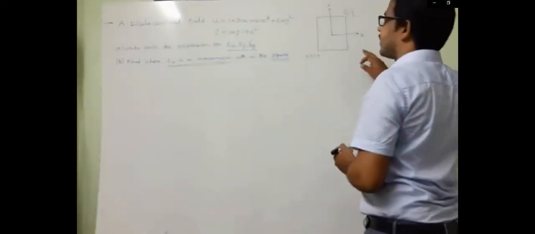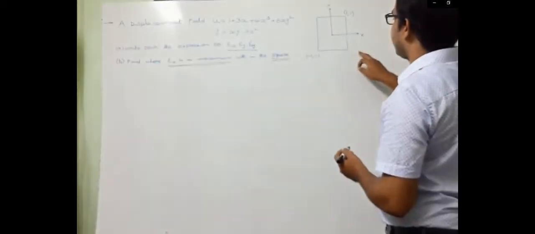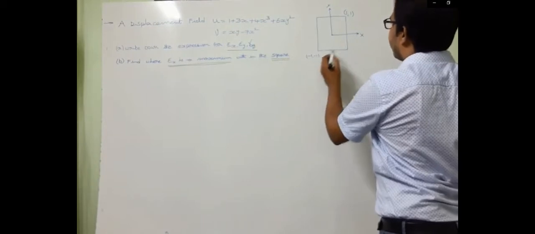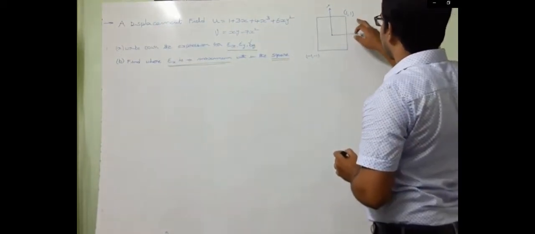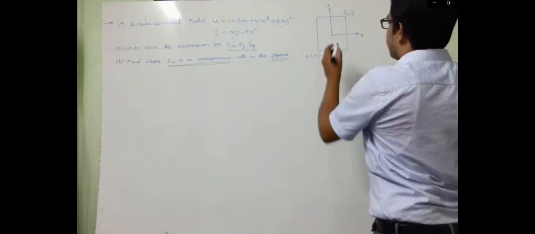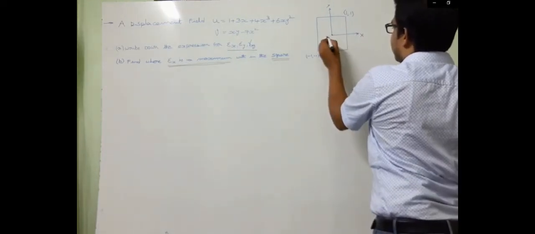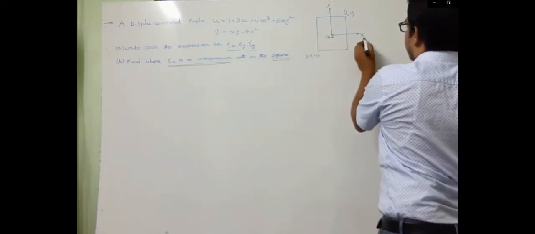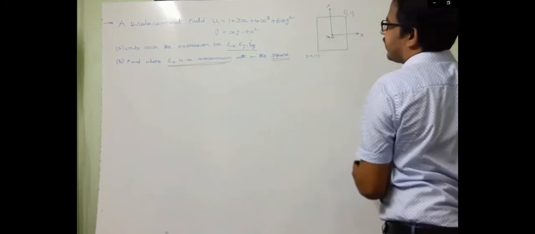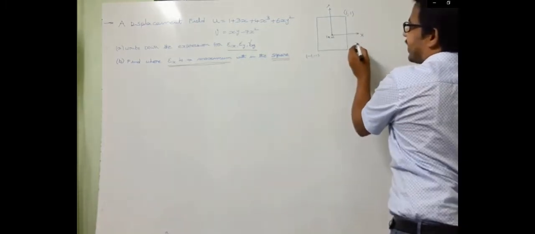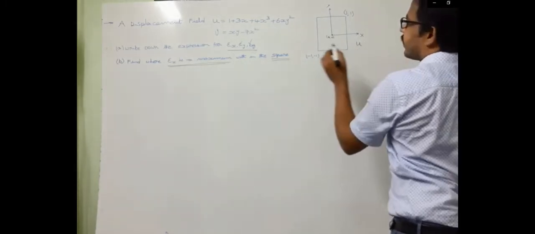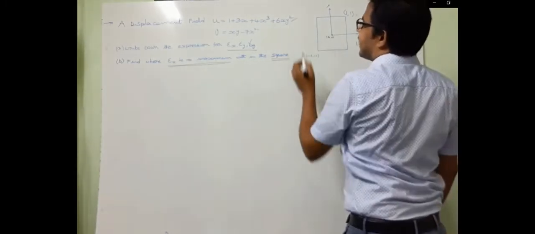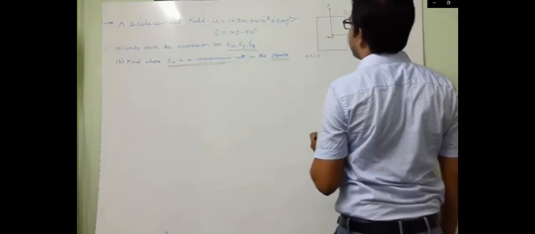So here in this problem we have given one square with the dimensions of -1, -1 and 1 and 1. So here two coordinates are there. So in this point, this is the 0, 0. So here along the x direction and along the y direction. Along the x direction, displacement value u is equal to 1 plus 3x plus 4x cube plus 6xy square.